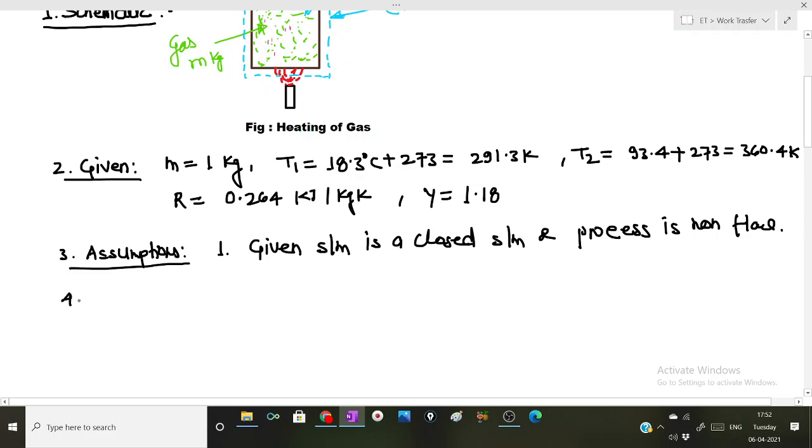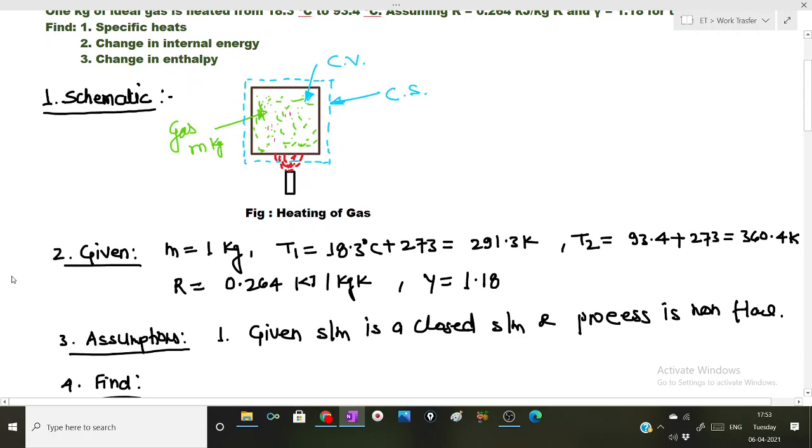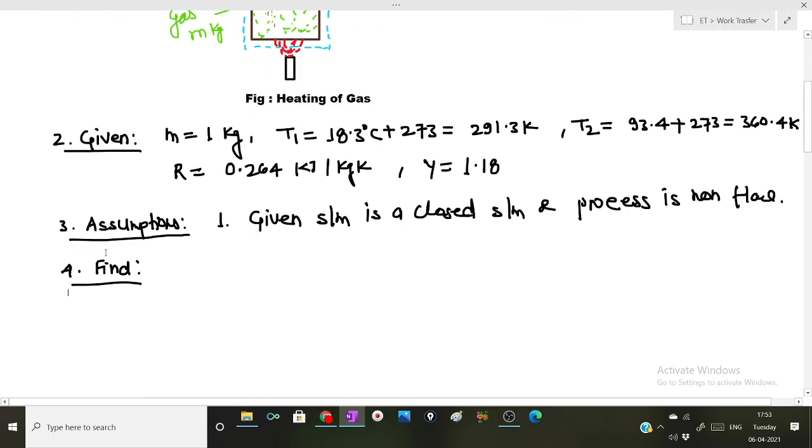Then point number 4, find. So what we are supposed to find out? Specific heats, change in internal energy and change in enthalpy.